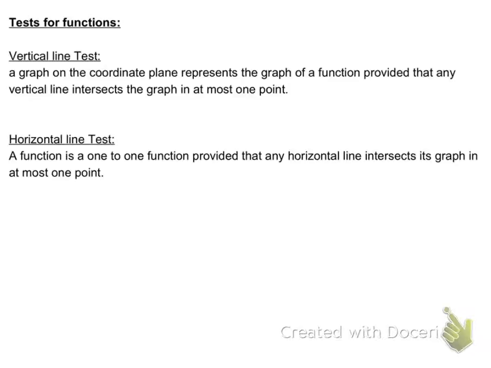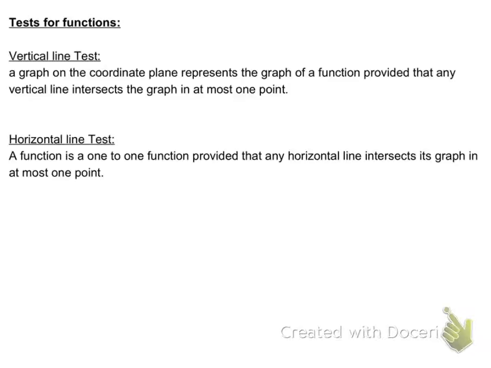It says that if I graphed the coordinates, or I'm given a graph which is just a representation of all the coordinates that could possibly be, if I can draw any vertical line anywhere on that graph, remember a vertical line goes up and down, and it only touches the graph at most one time, then it is a function. If it touches more than once, it's not a function. Our next slide, we're going to see a bunch of these types of things.